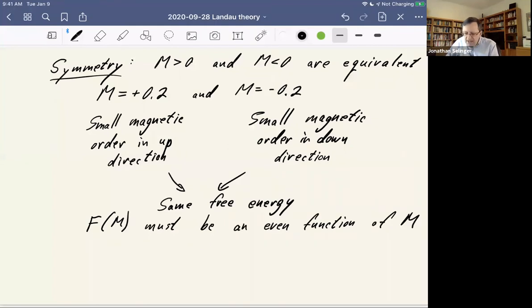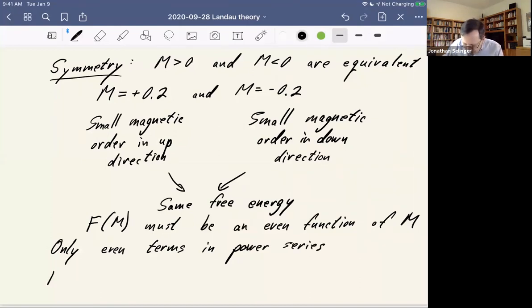That means that in the power series, we must have only even terms, right? If we had any odd terms in the power series, they would spoil the symmetry, right? And give unequal free energies for these two different states, right? So that gives us a constraint of only even terms in the power series, the Taylor series.